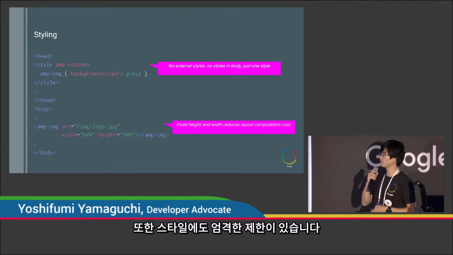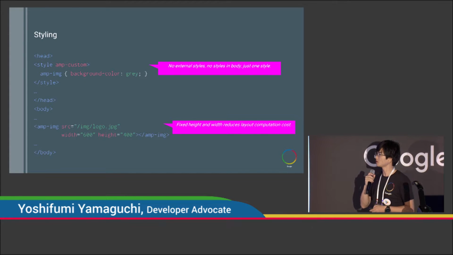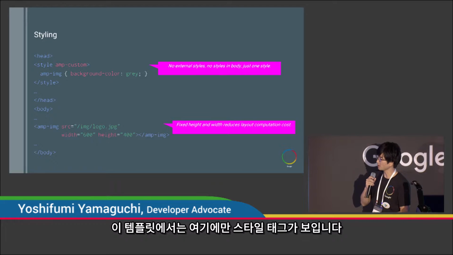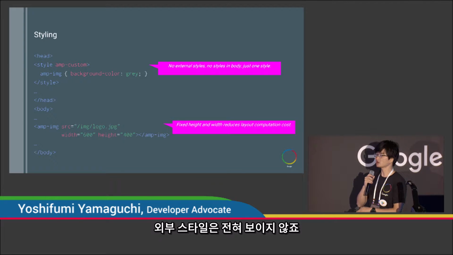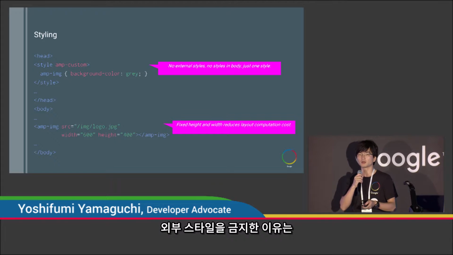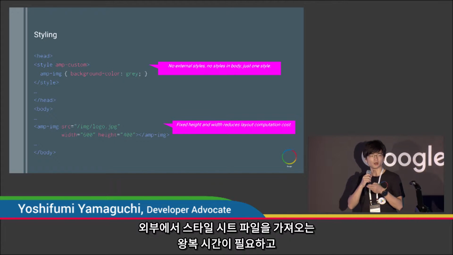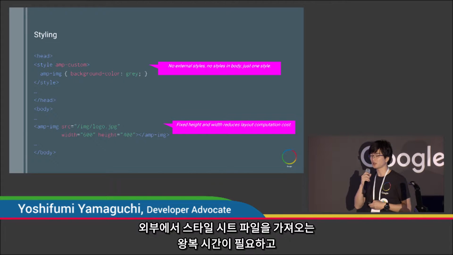There is another strict restriction, which is styling. As you see in this template, you only see the style tag here, and you don't see any external styles. You cannot load external styles because external styles require round trip time to fetch the style sheet file.